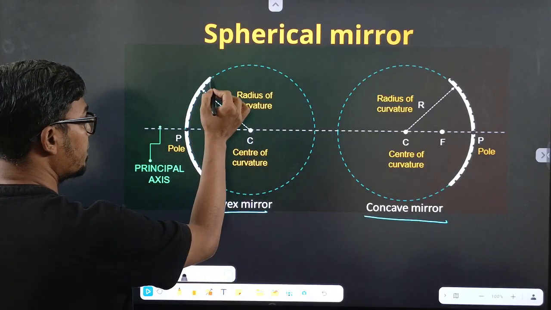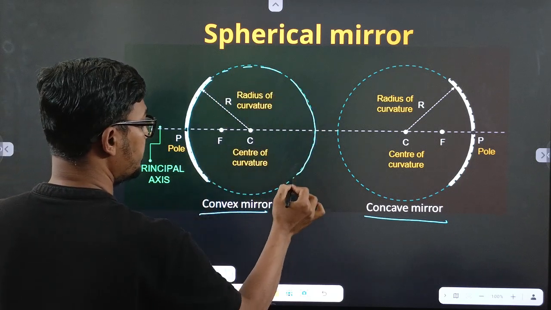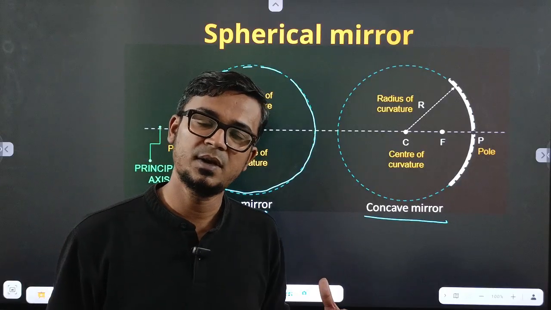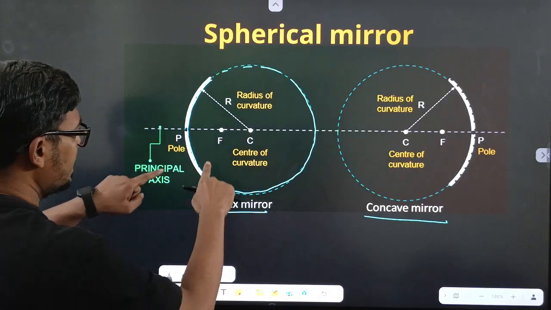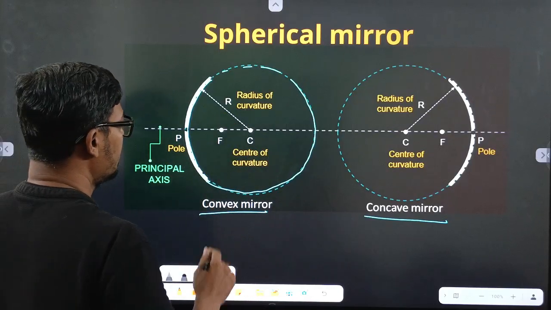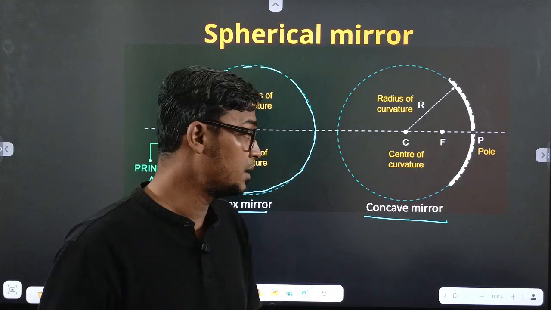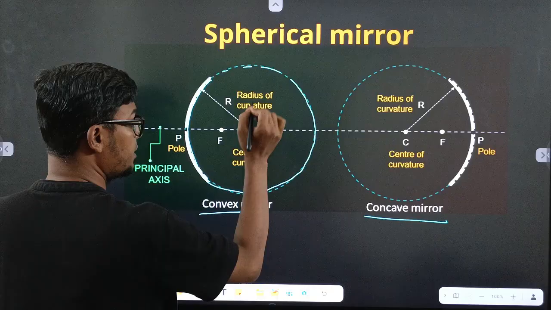Suppose this is a mirror, right? So this mirror is a part of this sphere. That's why it is called a spherical mirror. Since this is a part of a sphere, it must have a center. So C is the center of this sphere.